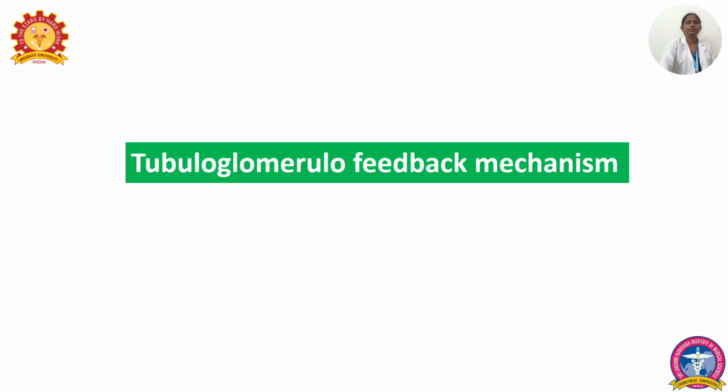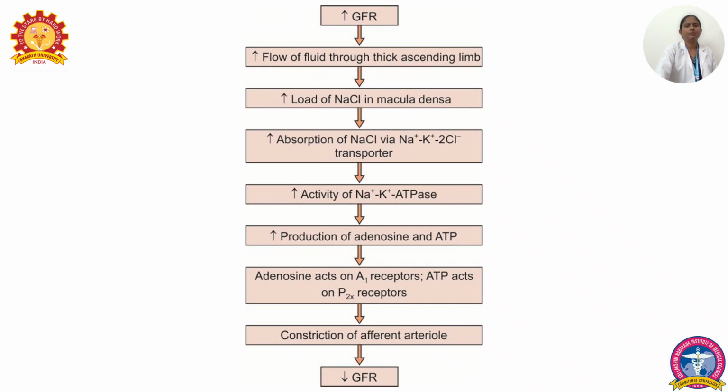And we have one other mechanism through which it is being regulated, that is the tubuloglomerular feedback mechanism. Here, it is mainly dependent on the amount of fluid flowing through the tubules. So, whenever there is increased flow of fluid through the tubules, what happens? There will be increased delivery of sodium and chloride in the tubules.